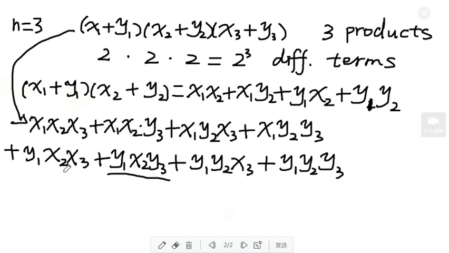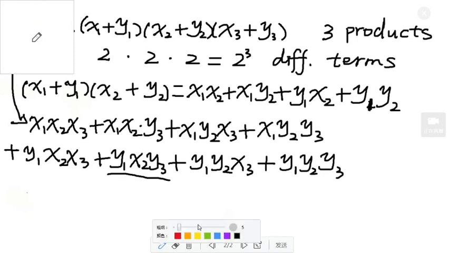In this way, I think it's more clear to think about it: if we have n terms, x1 plus y1 times x2 plus y2 times x3 plus y3 until xn plus yn, we are going to get 2 to the n different terms, right?